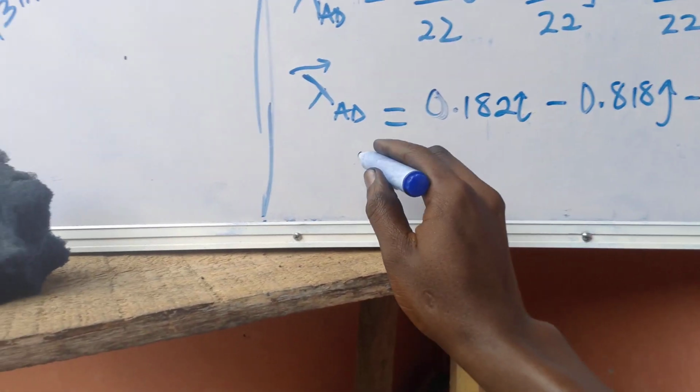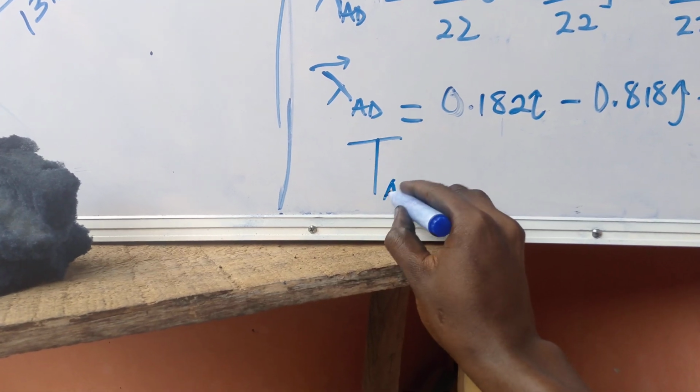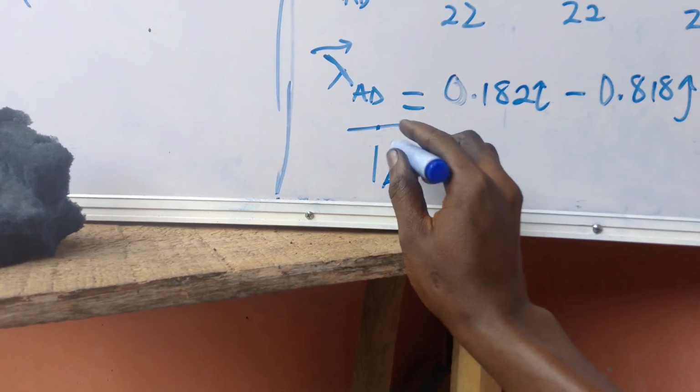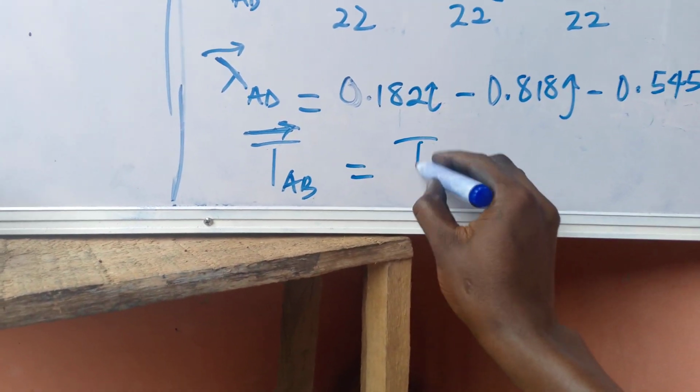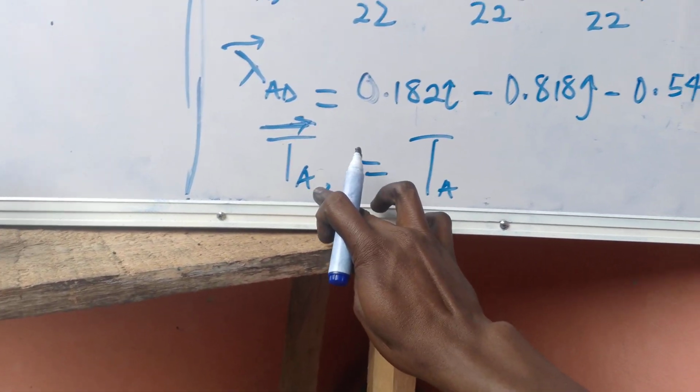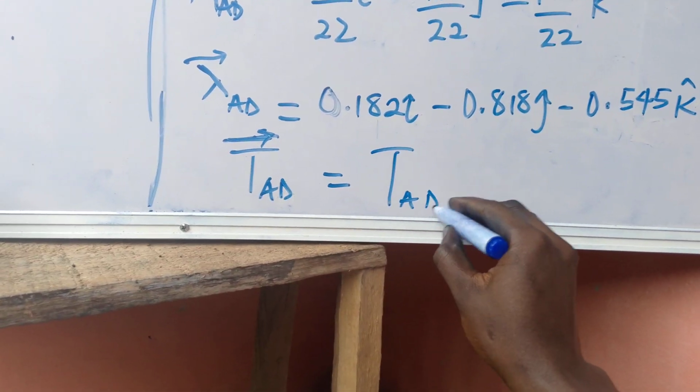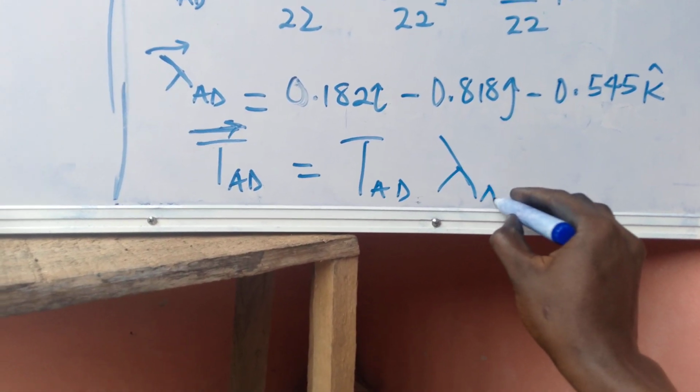Alright, so that is it. Then I'll look for the vector force TAD, which equals the original tension force TAD times the unit vector lambda AD.